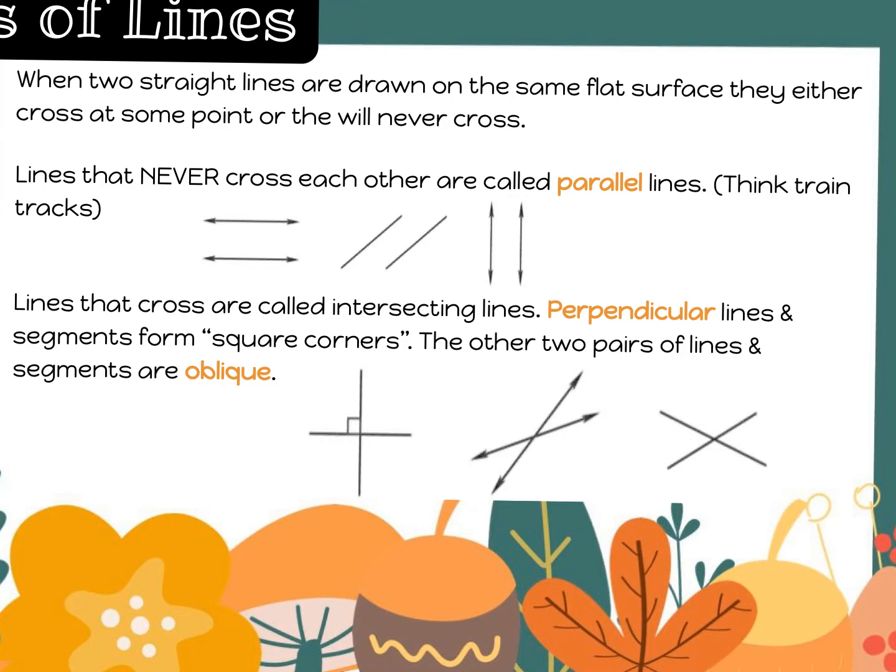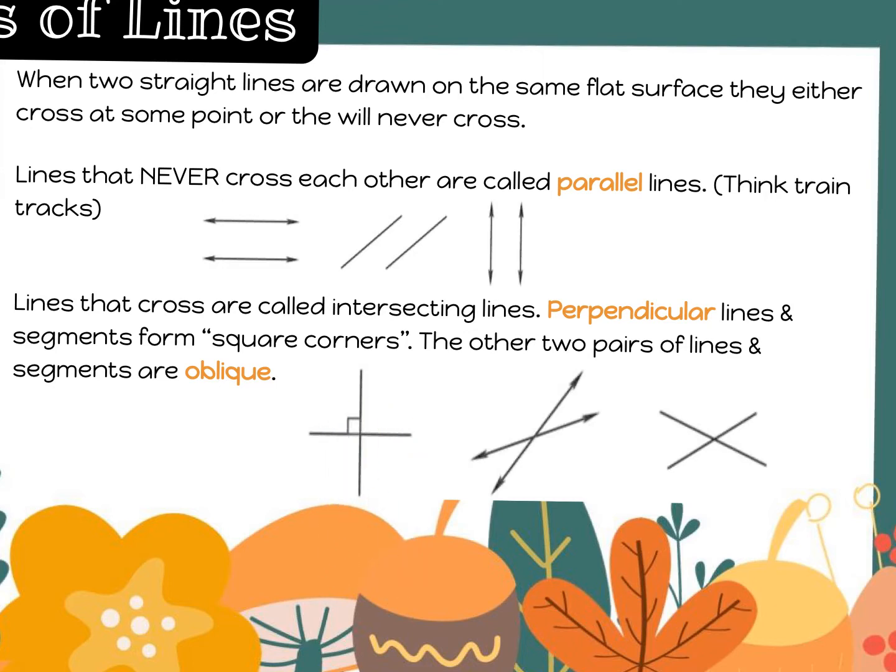There are two different types of intersecting lines. First, you have perpendicular. Perpendicular lines intersect and form a right angle. So when you look right here, these are an example of perpendicular lines.